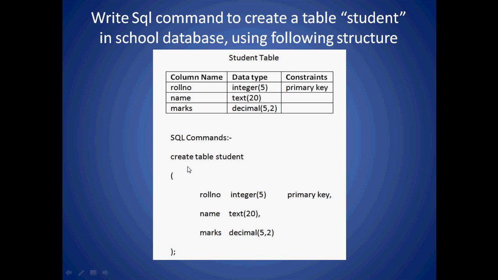So create table student, small bracket opening, roll number. Okay, you should write as it is: integer 5 primary key comma name text 20, meaning maximum length of a student name. Okay, and comma and marks decimal, and then close our command.